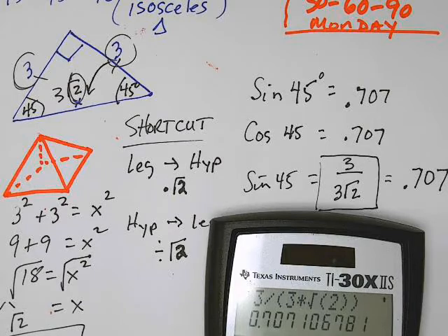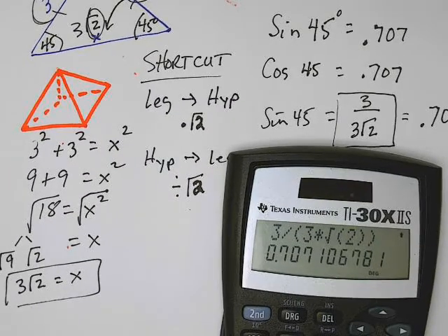There it is. Gotta be careful. You gotta use the parentheses properly, but you should get 0.707. Should get the same answer.